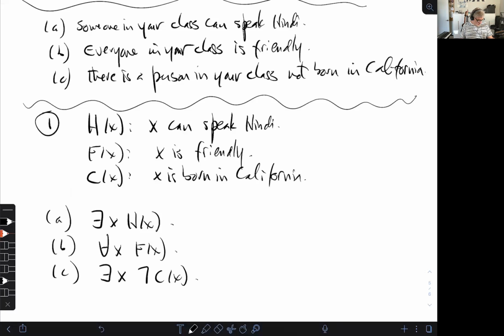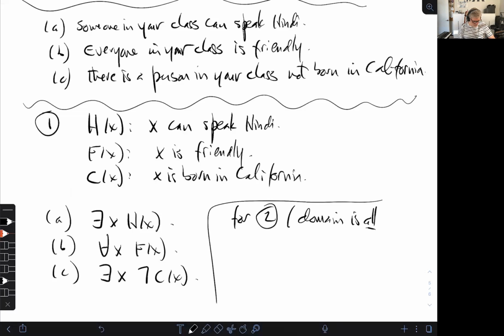Okay. So the second part: the domain is all people. Now you look at those statements, and I have to add something, because I have to specify that the quantification is not over all people, but over people in the class. So I'm going to add a predicate for being in the class. For 2, the domain is all people.